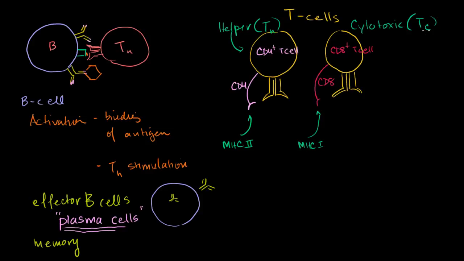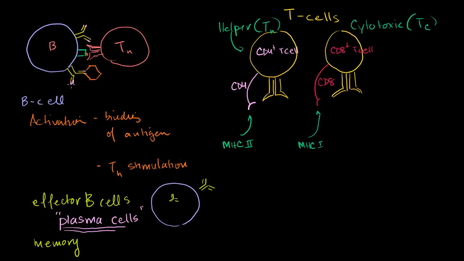So cytotoxic T cell. And oftentimes, before a cell gets activated, they just describe it as a CD4 T cell or CD8 T cell. And then after it becomes activated and starts wanting to kill things, then maybe you call it cytotoxic. But this is all wordplay. I think you get the general idea.